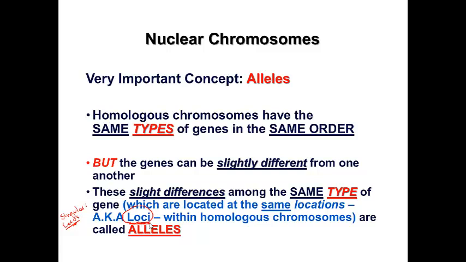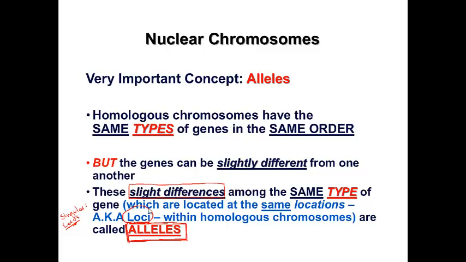Okay, but these slight differences of these same types of genes at the same locations are called alleles. Okay. And what makes these genes slightly different from one another, we will get into in the second lecture when we talk about the specific structure of it.